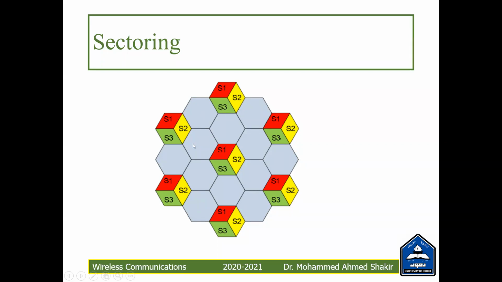Look at what will happen now. If you study the interference on this S2, it will be affected by this cell and this cell only, these two cells, while the others will transmit their signals outside sector 2 of this cell.